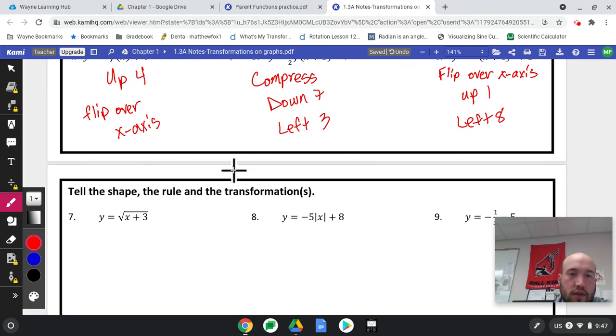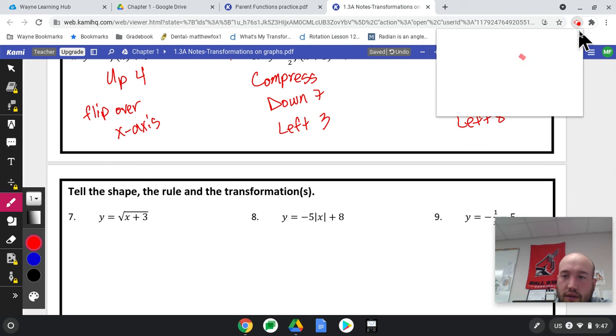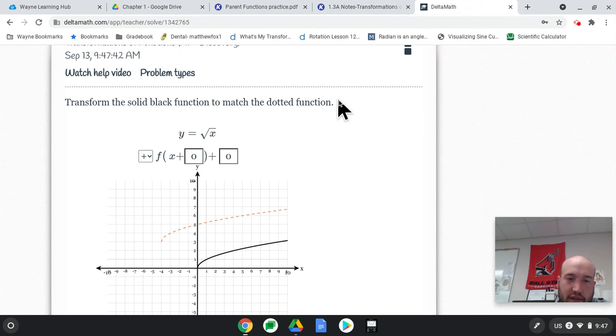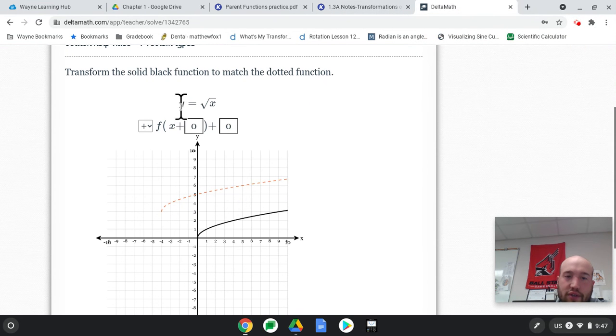All right. And maybe one way we see what we're trying to talk about here, on Delta Math, there'll be something like this. Our original function here was y equals the square root of x, and that's graphed right here in black. Now, if we want that to end up over here, I can change some things. For example, if I flip that, do you see how it flips it down over the x-axis?